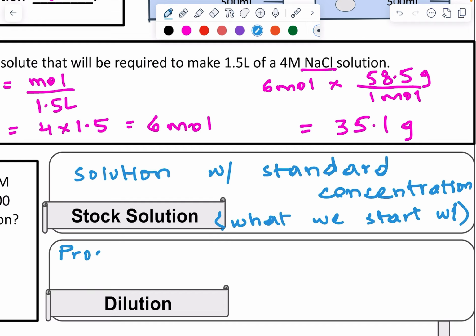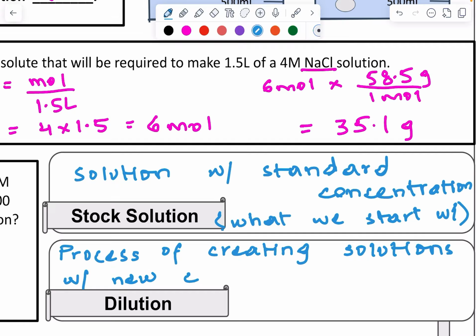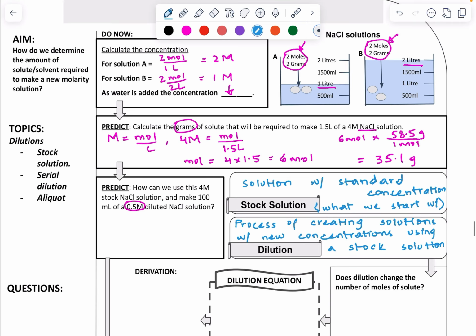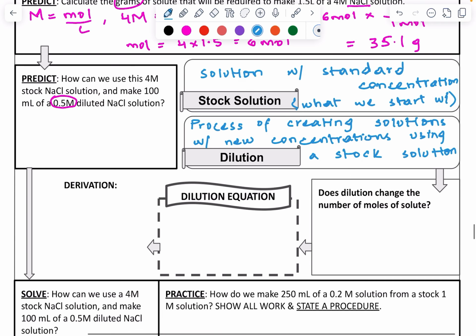So this is the process of creating solutions with new concentrations using a stock solution.